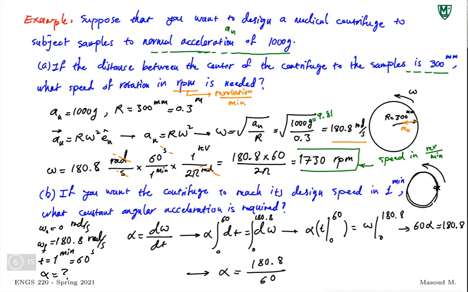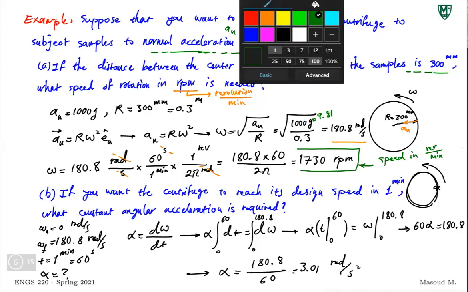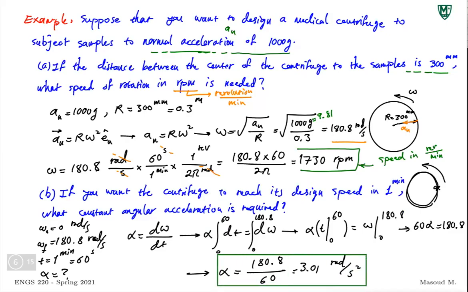So alpha, the angular acceleration, would be 180.8 divided by 60, which is 3.01 radians per second squared. Leave it with that unit. You're not even asked to go for a specific unit, so just leave it as that.